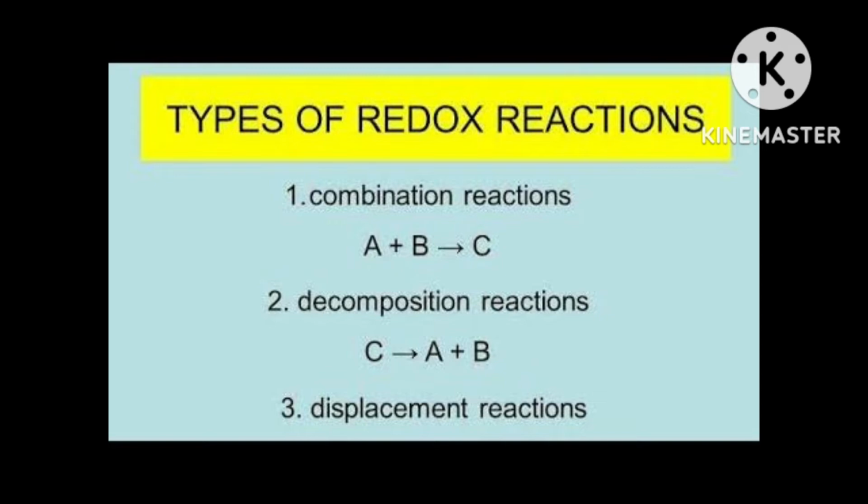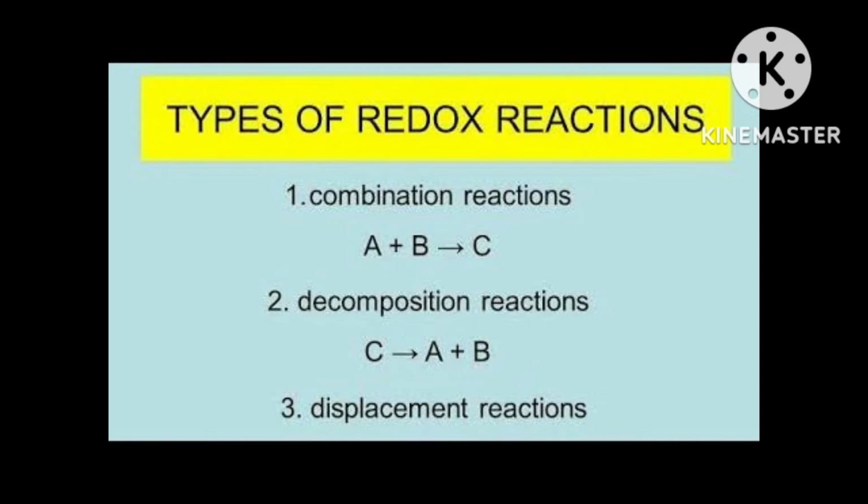Then various types are there, I will discuss one by one. One more reaction is there, the disproportionation reaction. These are the important types of redox reaction.